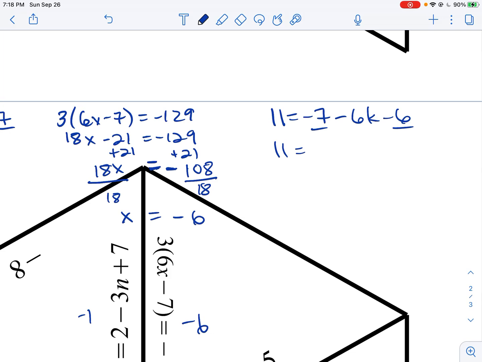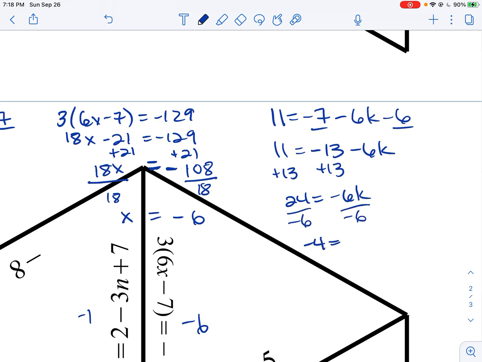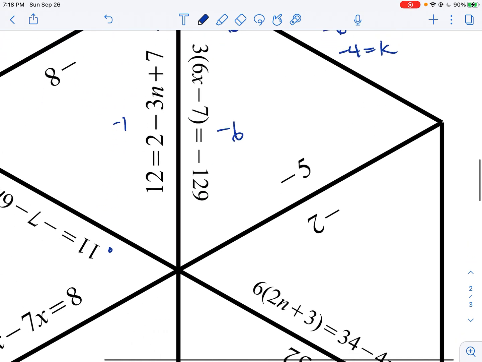So there are 6 negatives and 7 negatives. So there are a total of 13 negatives. Then I need to get the k by itself, so I'm going to add 13 to both sides of the equal sign and get 24 is equal to negative 6k. Divide by negative 6 on both sides and get negative 4 is equal to k.